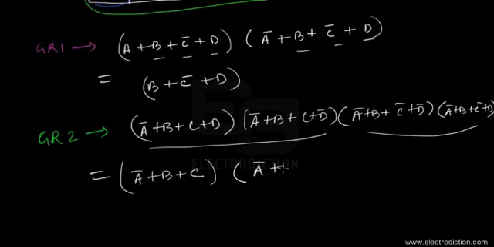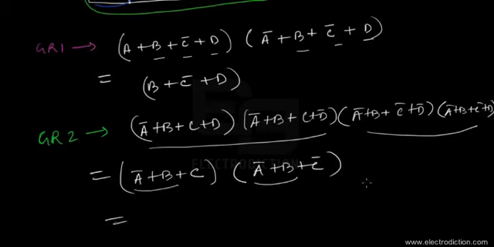Alright, and now we can multiply them once again. We can see that we have A bar B common in both of them.